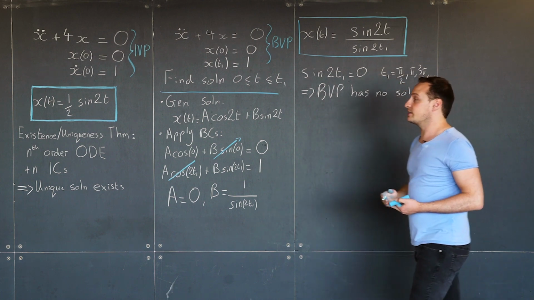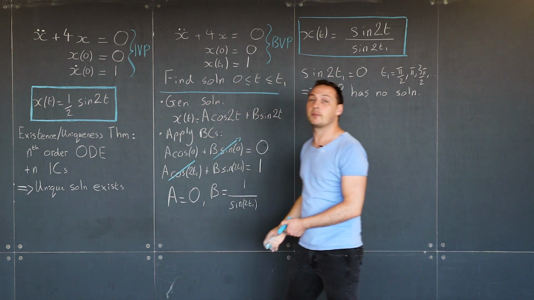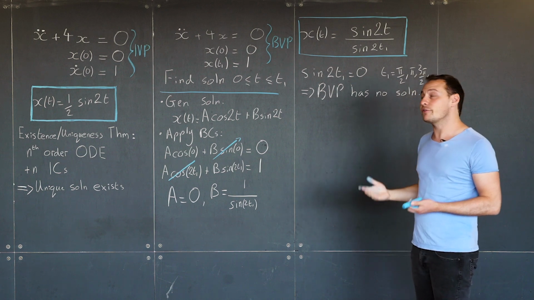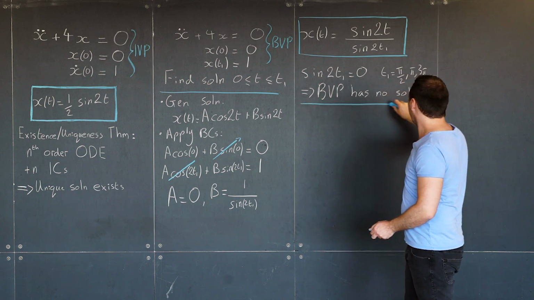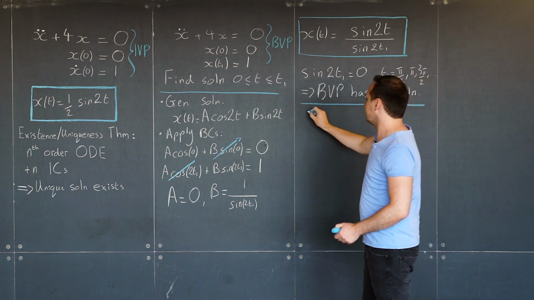This is in contrast to what we saw for initial value problems, where the existence and uniqueness theorem meant that we would always have a solution. This is something that is different about boundary value problems. In fact, for boundary value problems, there are 3 different possibilities.